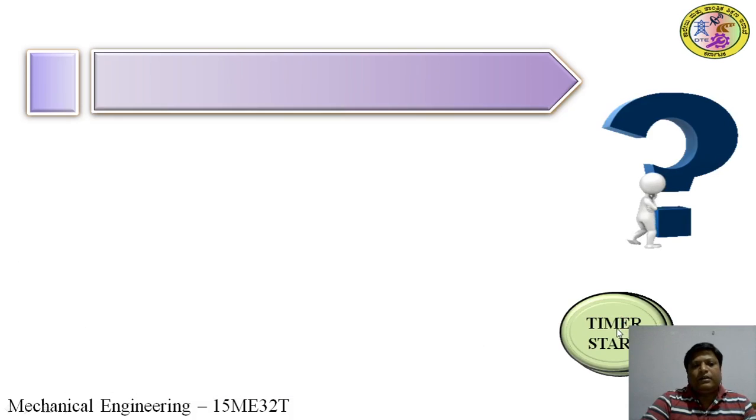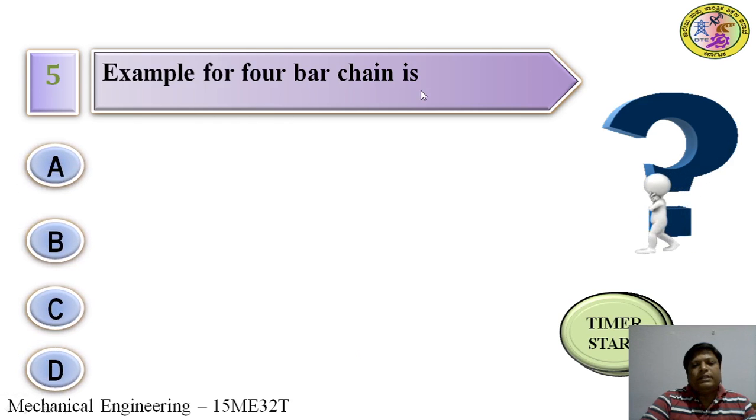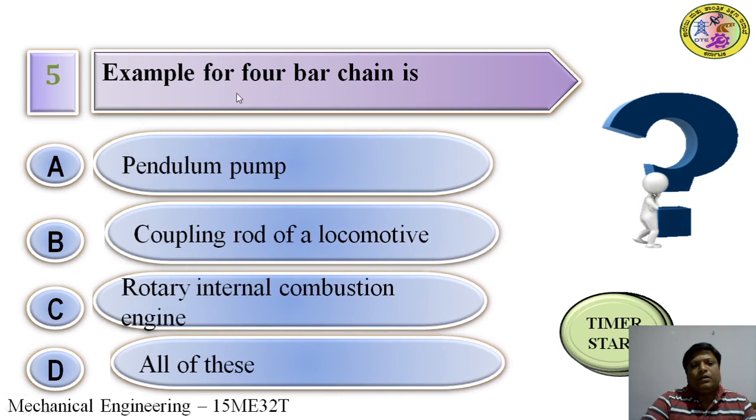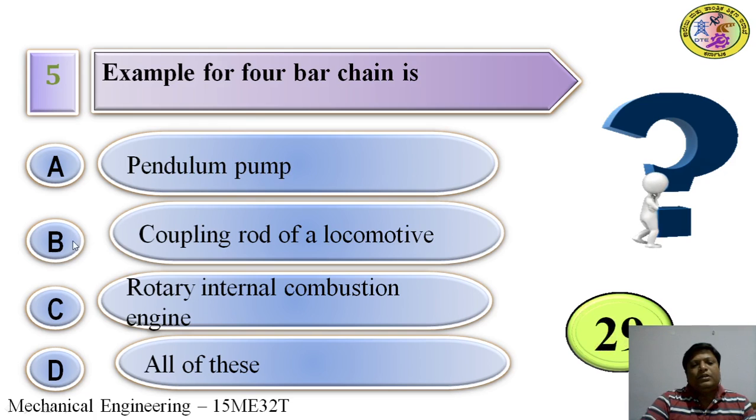Question number 5. An example of a 4-bar chain is: option A, pendulum pump; option B, coupling rod of locomotive; option C, rotary internal combustion engines; option D, all of these.